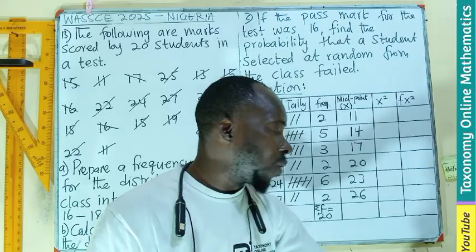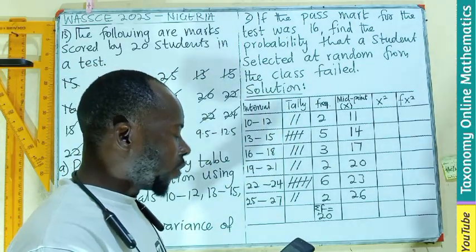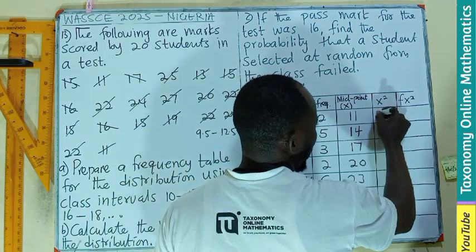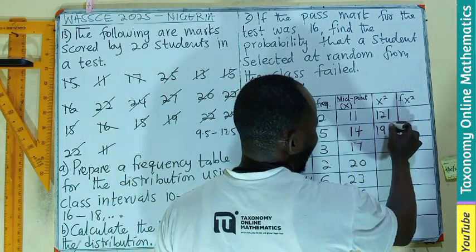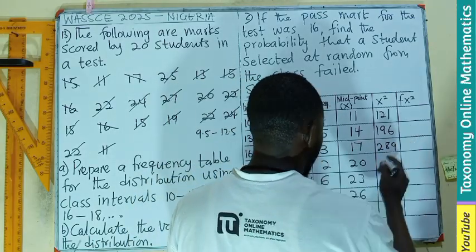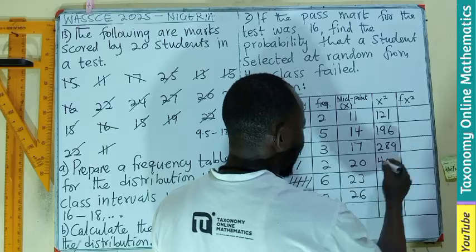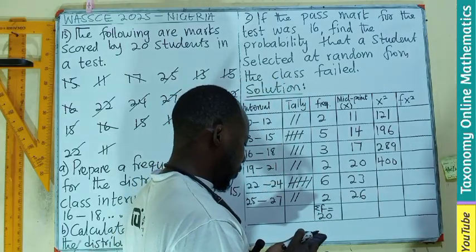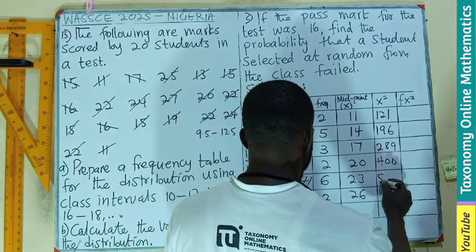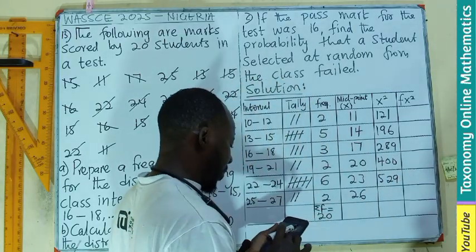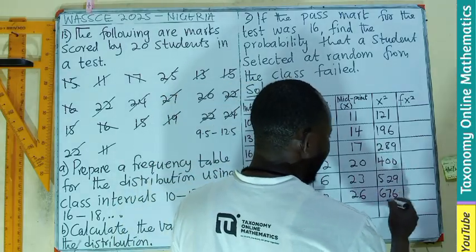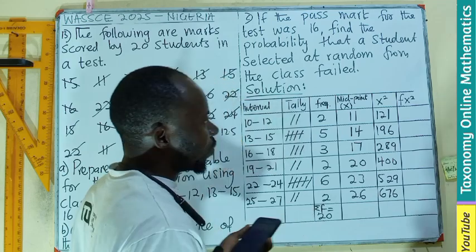Now we find the square of all those midpoints, the x values. This will give us 121, 196, rather 289, 400, 529, and 26 squared gives 676.